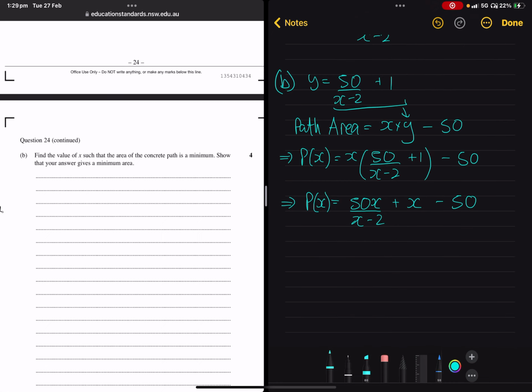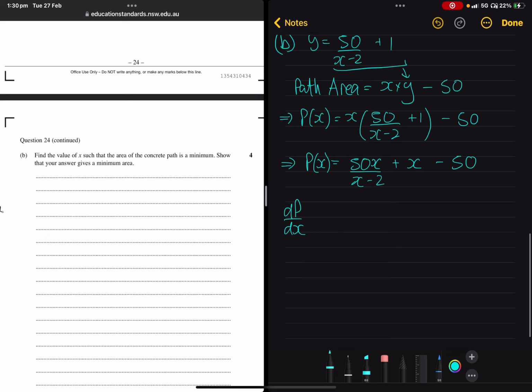Now I need to differentiate this, set the derivative equal to 0 to find min or max. So I need dp dx. Dp dx will be a little bit tricky here because we have to do it as a quotient rule. So we've got u is 50x, v is x minus 2, u prime is 50, v prime is 1. So we have u prime times v minus u times v prime.